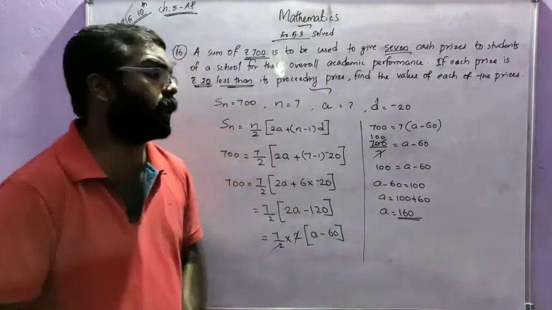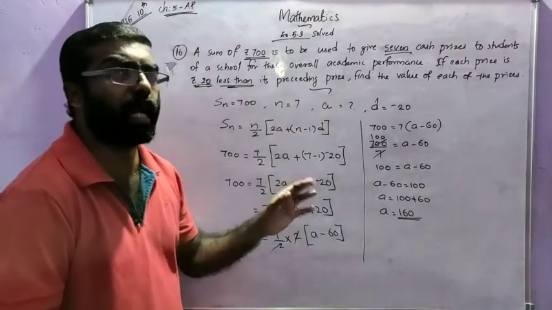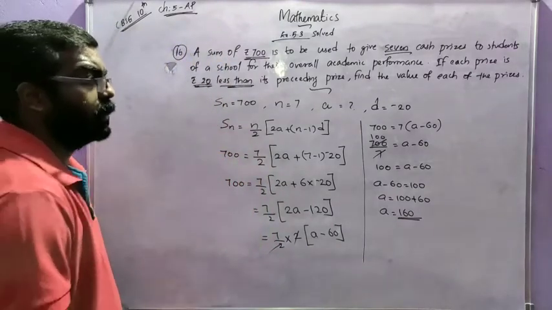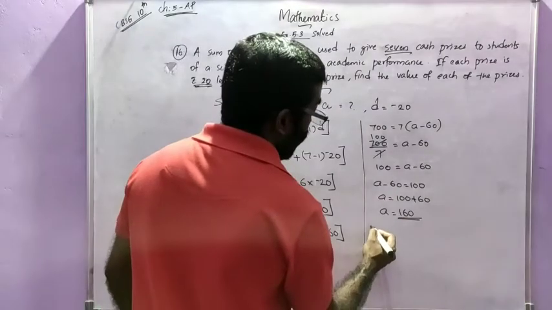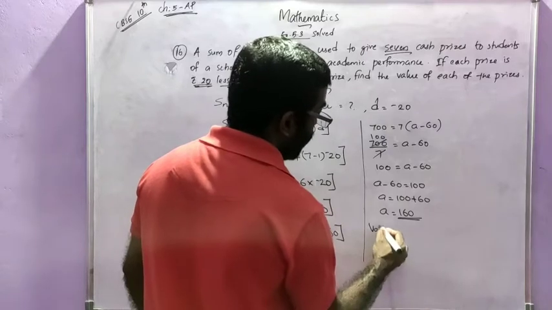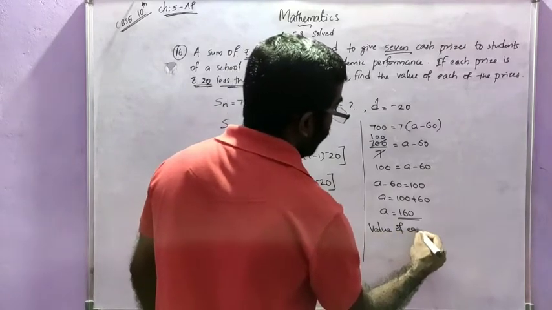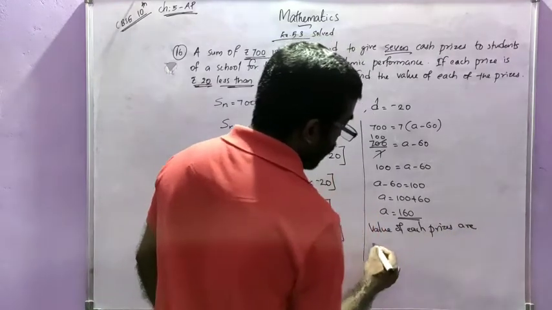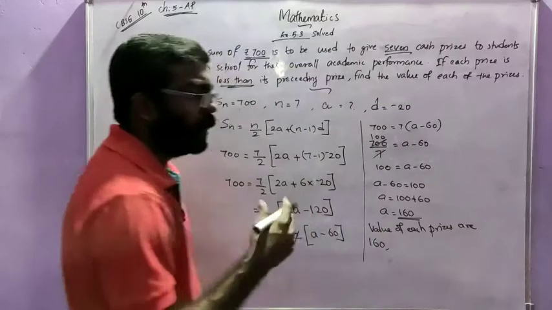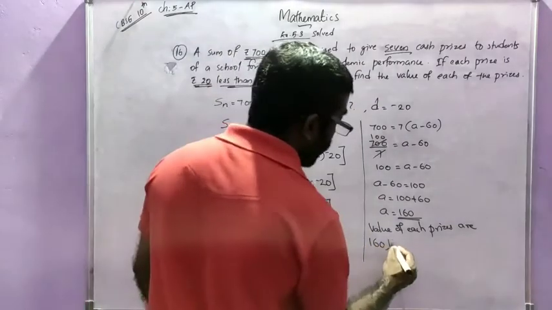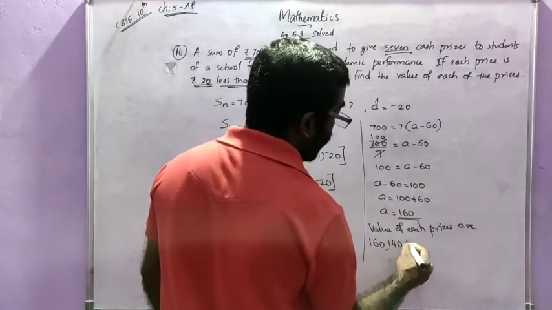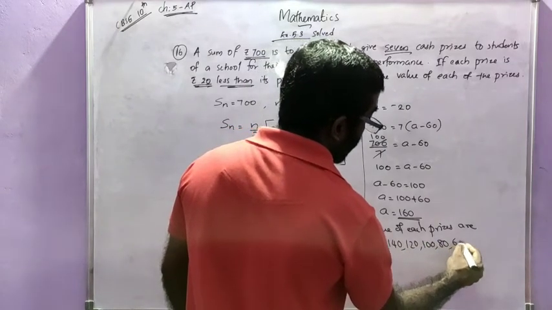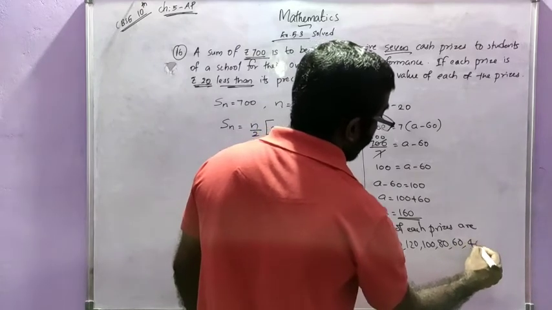Or we can generalize, the first cash prize will be how much? Rupees 160. So we can write the value of each prize as 160, and 20 less than 160, that is 140, again 20 less than 140, 120, 100, 80, 60 and one more, 40.